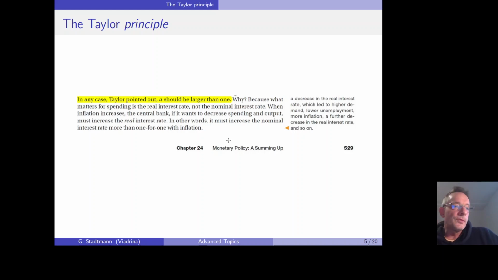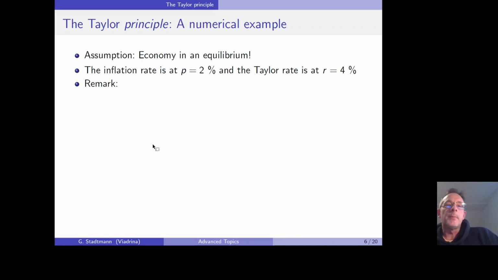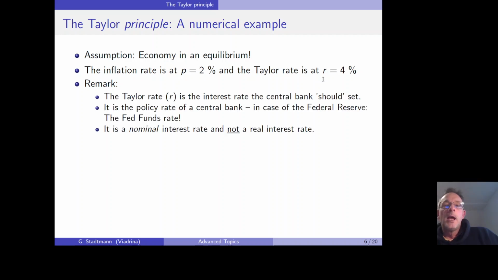It's also true, but let's try to illustrate this insight by a numerical example. Let's assume first that the economy is in an equilibrium. So the inflation rate is at 2%, and therefore the Taylor rate is at 4%. I would like to make the following remarks.